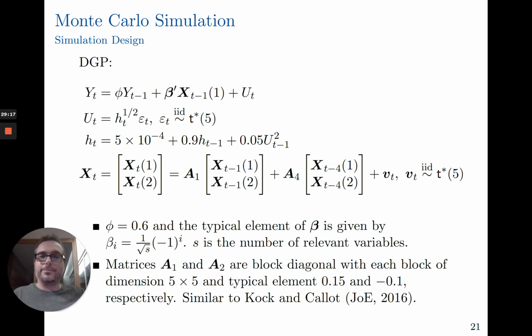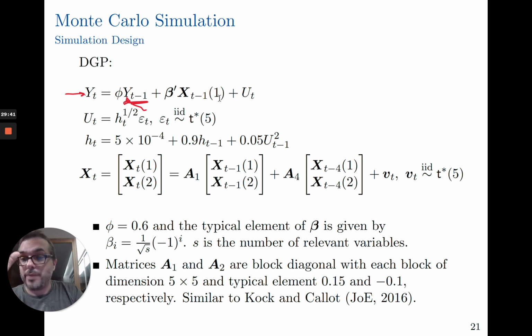So how it works. Our dependent data is y. It has an autoregressive term here, plus it loads on a number of variables x that I'm calling x1.